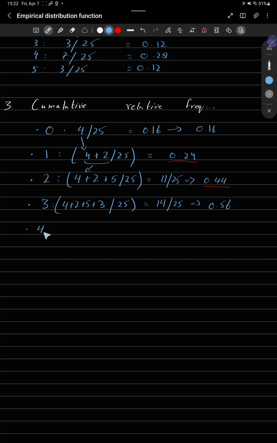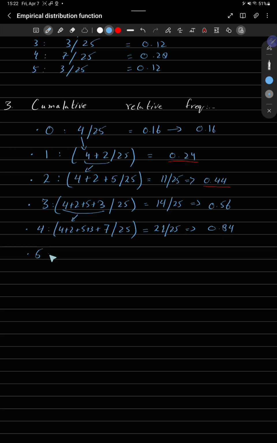And then we go for 4. We take this whole value, put here 4 plus 5 plus 3 plus, and the value for 4 we take from here, 7, and 7 divided by 25. If we just add this 14 with 7, we will get 21, and we divide by 25, we will get 0.84.